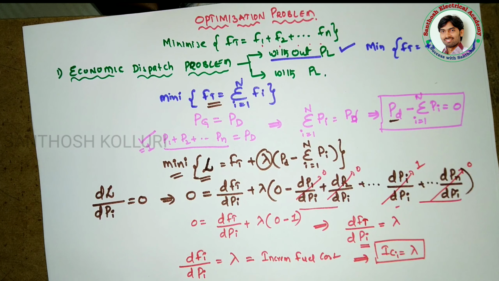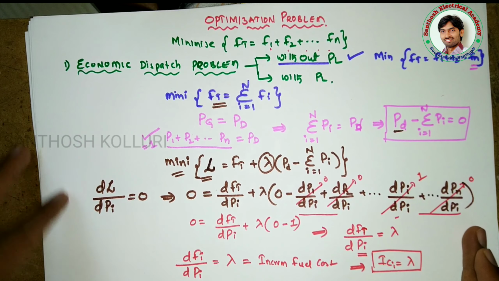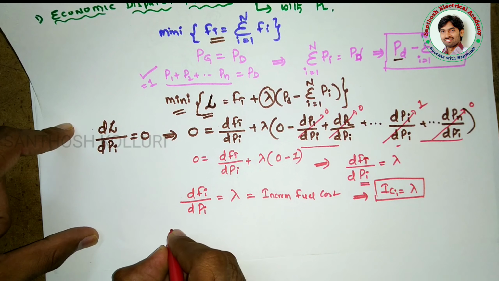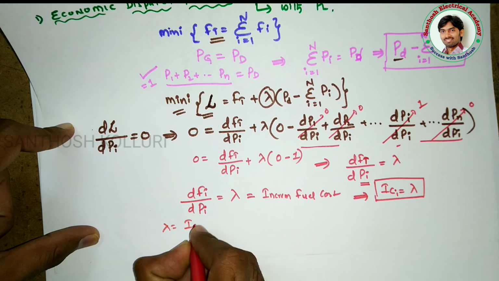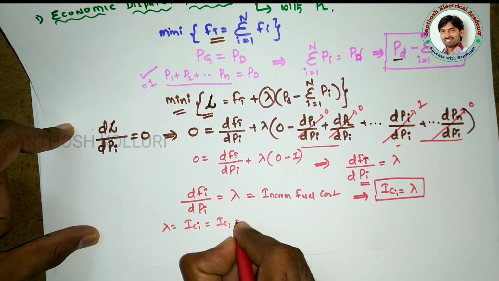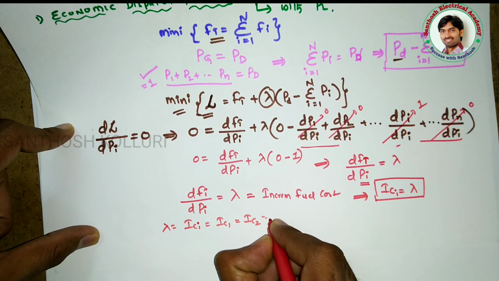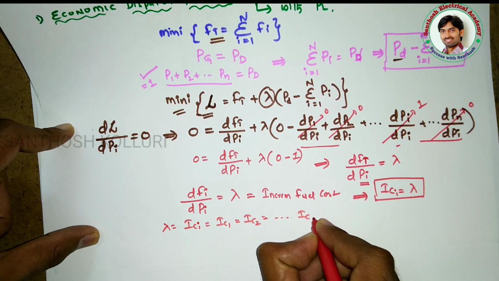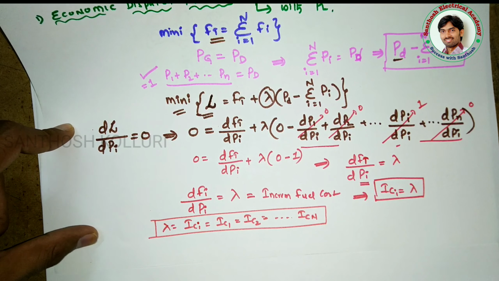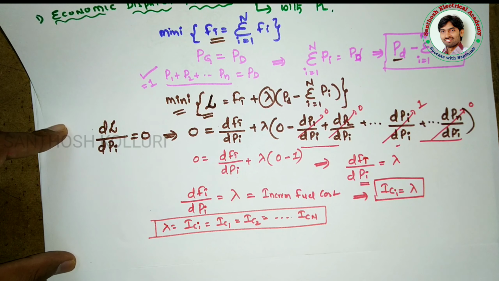Lambda is equal to IC1, which is equal to IC2, so on up to ICn. So this is your condition for getting minimum fuel cost for the economic dispatch problem.